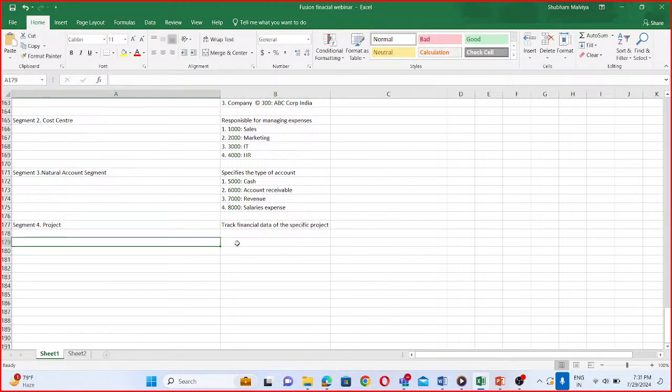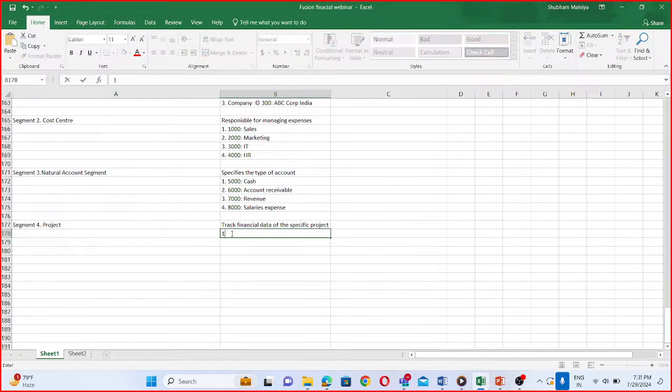Now, let's say we have code 001, project name Alpha. We have the second project, 002, that is project Beta.